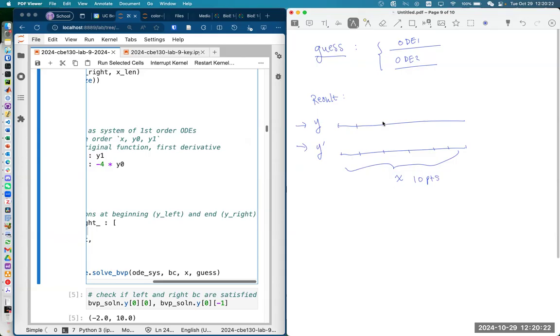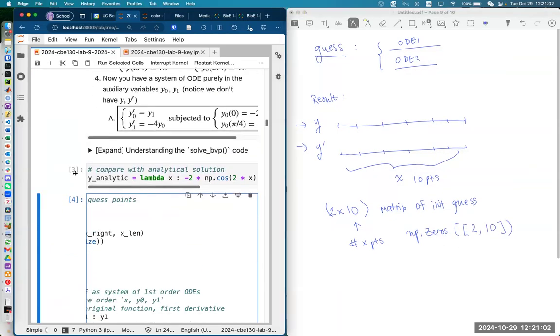So for each of these points we defined, we need an initial guess. So what we need to initialize is a 2 by 10 matrix of initial guess, where 10 is the number of x points. And we can define this using np.zeros. So it will generate a matrix of 0 of the shape 2 times 10. Okay, so those are the 4 components that we need.